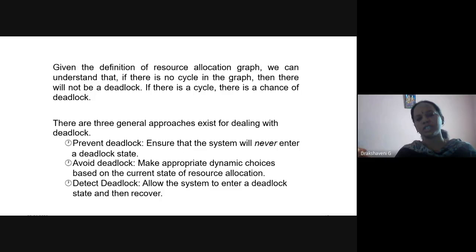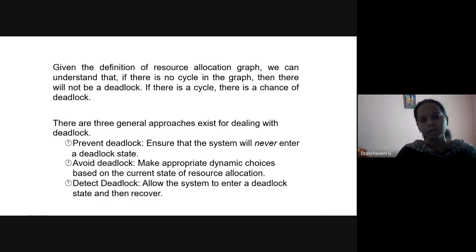First, see to it that deadlock should not occur. If it occurs, then try to avoid the deadlock. Or one more option, detect where the deadlock has occurred. These are the three approaches for dealing with deadlock.